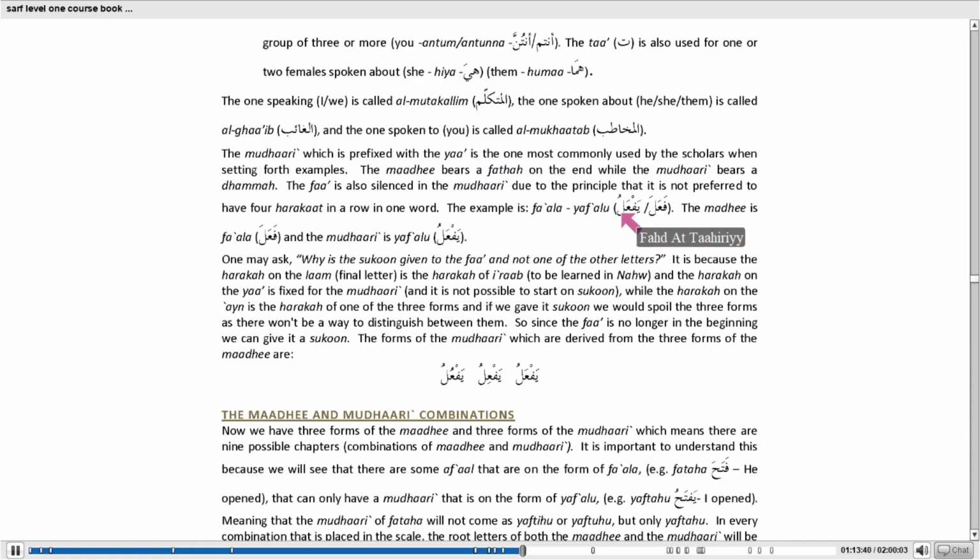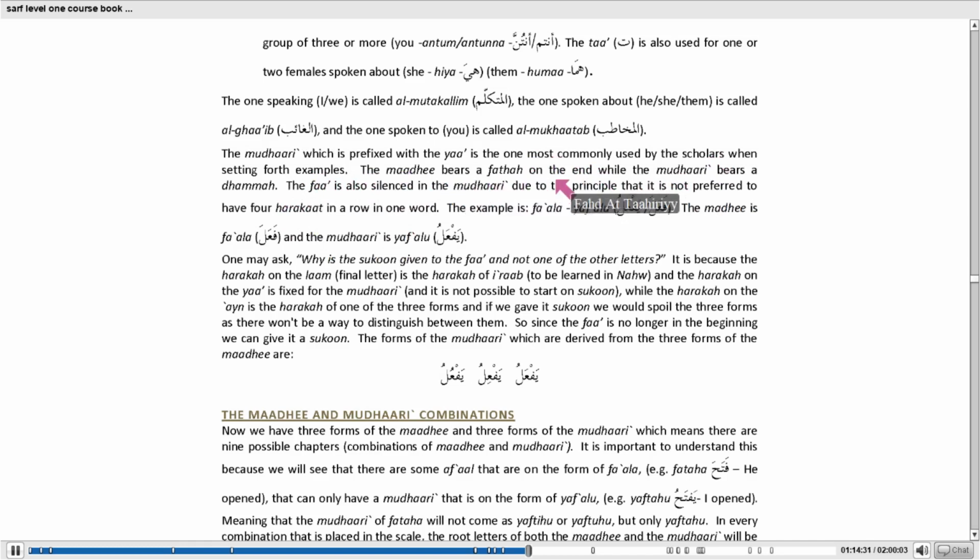Which verse? "Tallahi tafta'u tadhkuru Yusuf hatta takuna haradan aw takuna min al-halikin." Yes, Surat Yusuf. Okay, the madi which is prefixed with the ya is one of the most commonly used by the scholars when setting forth examples.